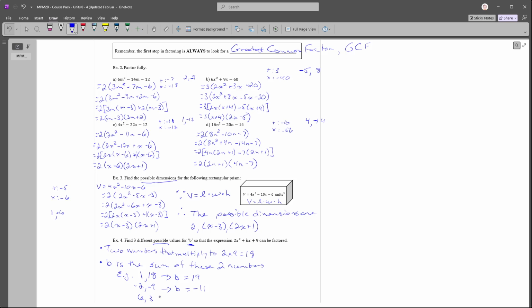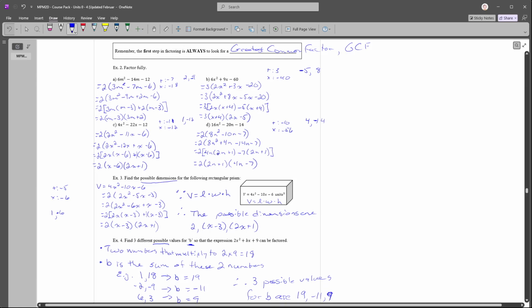Let's do 6 and 3. 6 times 3 is 18, which implies b is equal to 9. So therefore, 3 possible values for b are 19, -11, and 9. Are there more? Yep, there most certainly are.